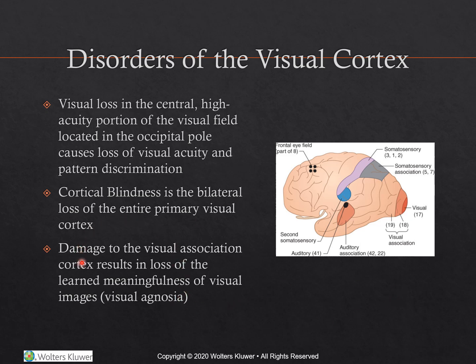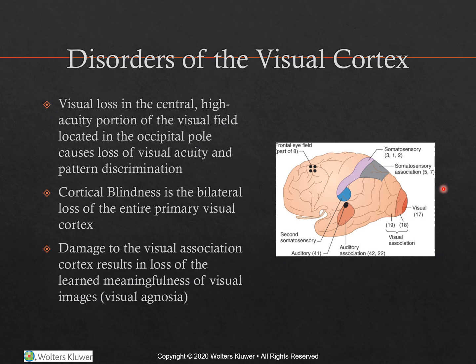We can also get damage to the visual association cortex. The visual association cortex is located right here in front of that high acuity portion of the visual field. Damage to that area results in the loss of learned meaningfulness of visual imaging. We sometimes call that visual agnosia. The person with visual agnosia can see patterns of color, shapes, and movement, but they can no longer recognize them as being meaningful stimuli.